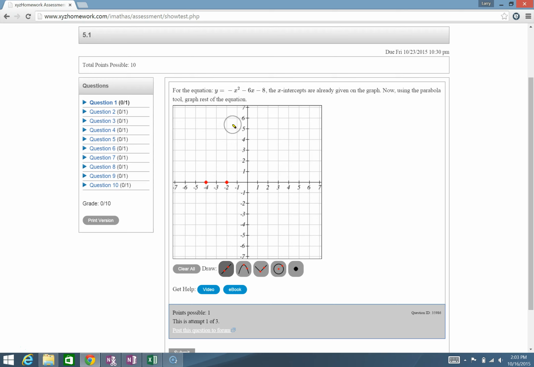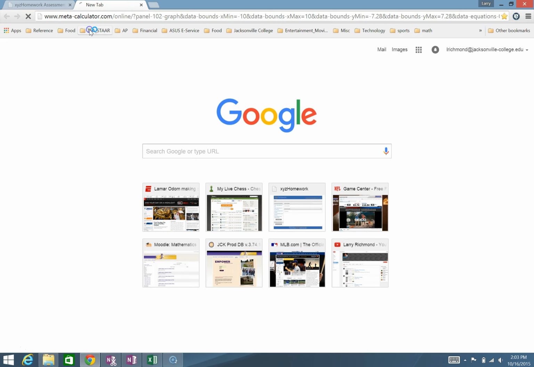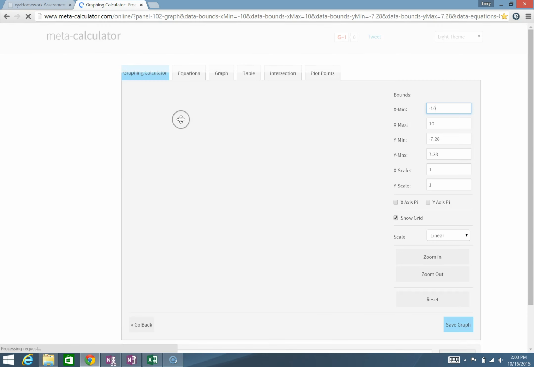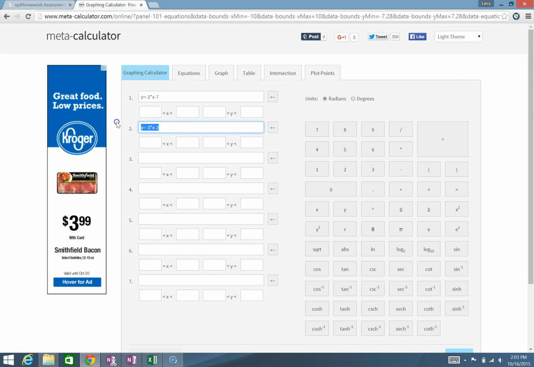First, I want to talk about a tool we've used previously, and that is the graphing calculator through MetaCalculator. So I can go to metacalculator.com and go to the graphing calculator, and I'm simply going to enter in that quadratic equation. In fact, 5.1 almost entirely can be dealt with using this graphing calculator. We're going to learn how to do this by hand without the graphing calculator, but also with it.